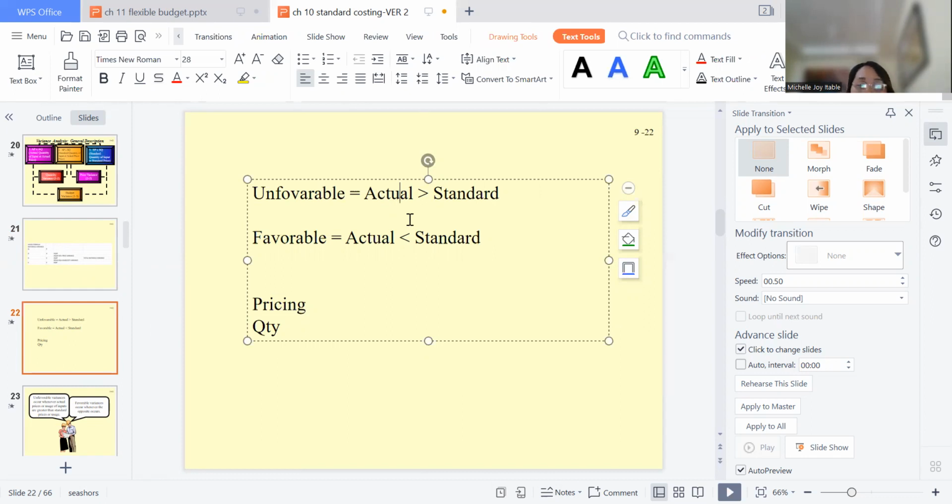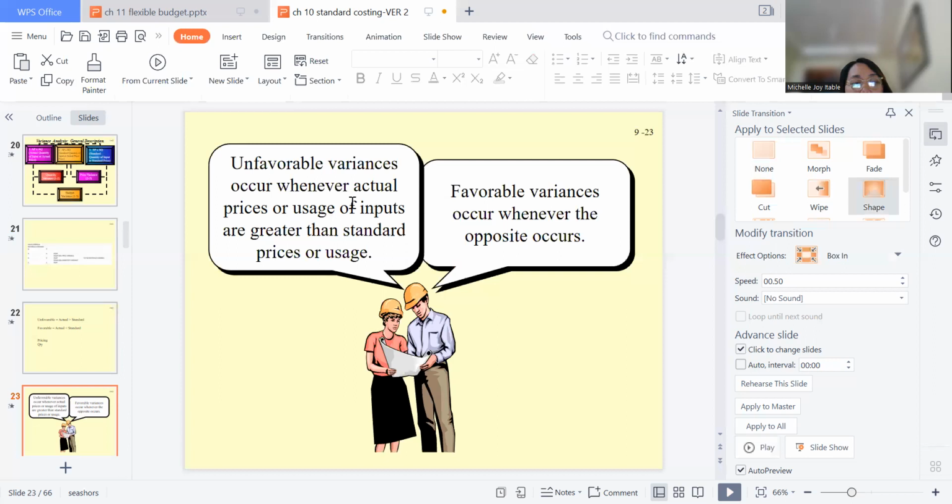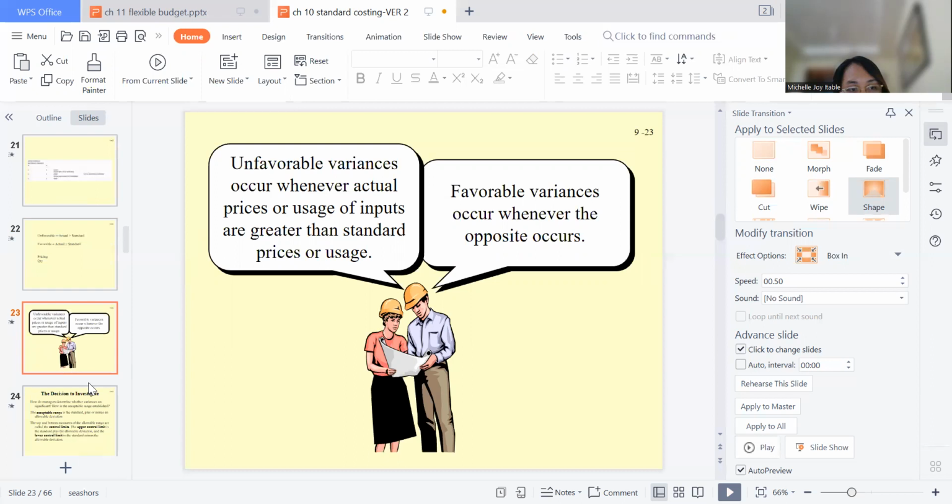Kapag mataas yung actual kaysa sa standard, it's unfavorable. Kapag mababa yung actual sa standard, it's favorable, kasi ibig sabihin, less cost. Okay? It applies to both pricing and quantity. So unfavorable variances occur whenever actual prices or usage of inputs are greater than standard prices or usage. Favorable variances occur whenever the opposite occurs.